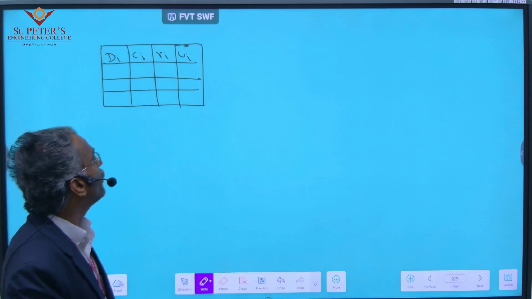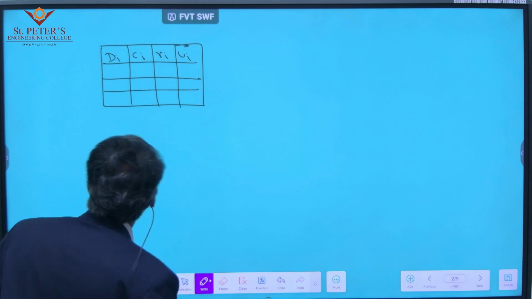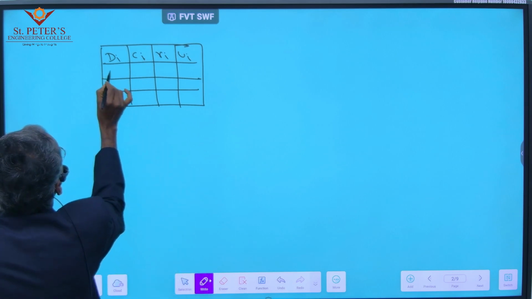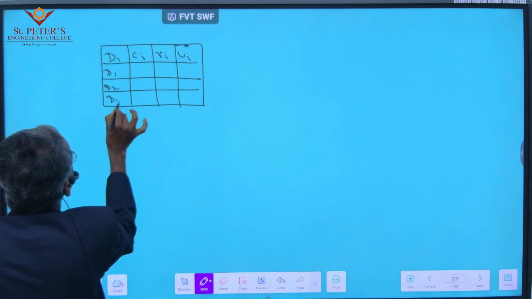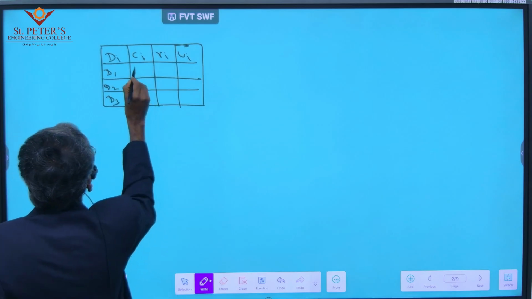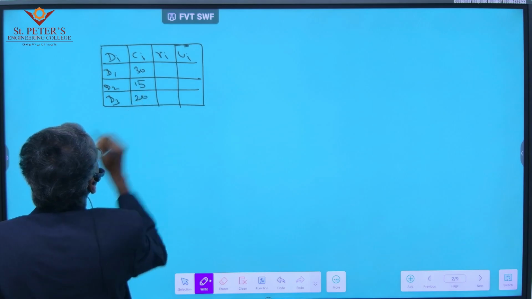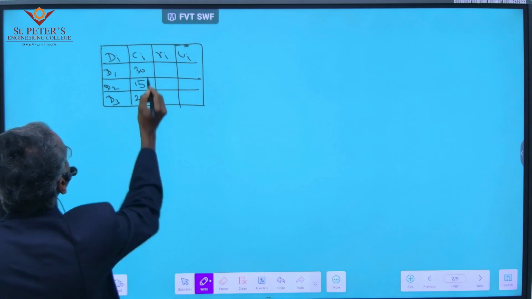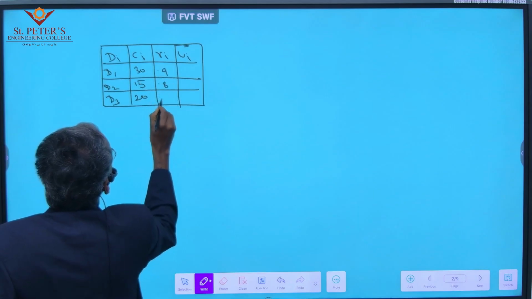So upper limit means the maximum number of copies we can have for each and every device. For example, we have device 1, device 2, device 3. 3 devices we have. The costs are 30, 15, 20. Reliability ratios, for example, 0.9, 0.8, 0.5.